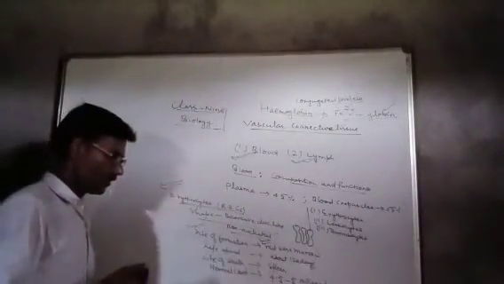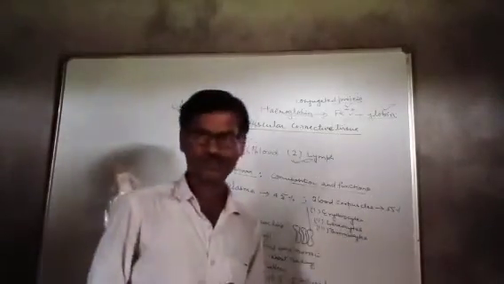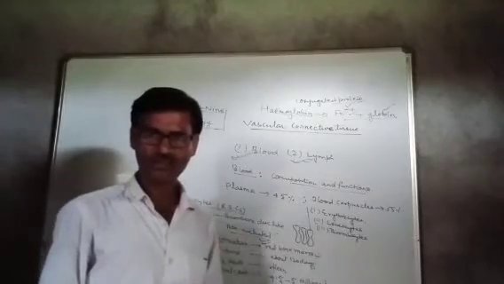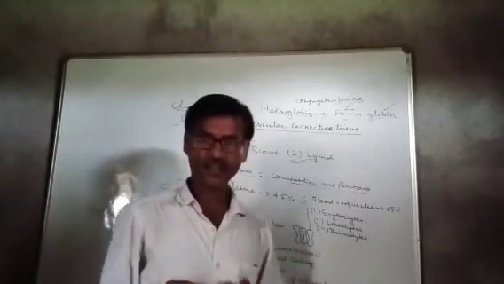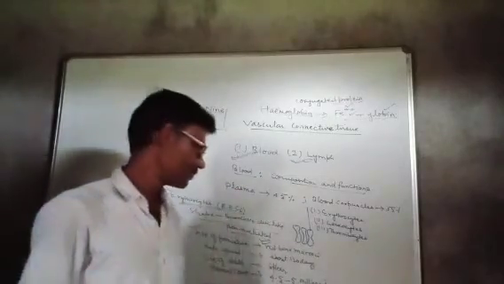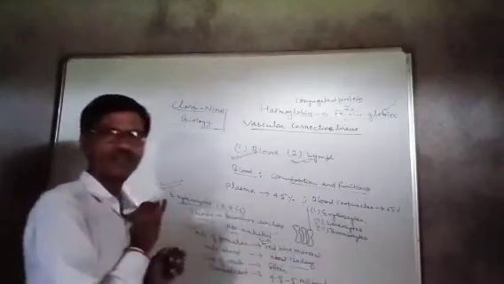So RBCs don't have a nucleus, and the conjugated protein hemoglobin, which is red in color, remains filled in it. Next, RBC lifespan.